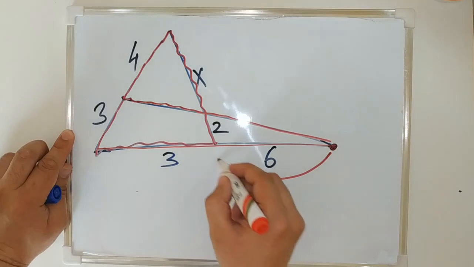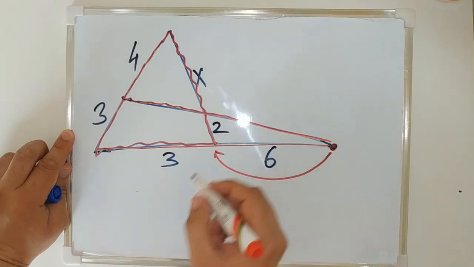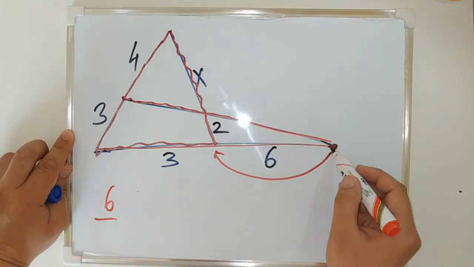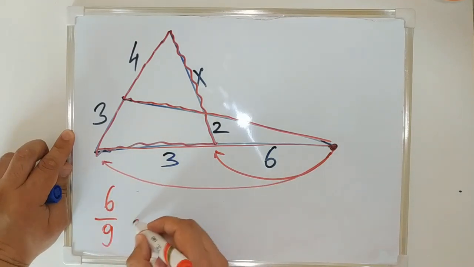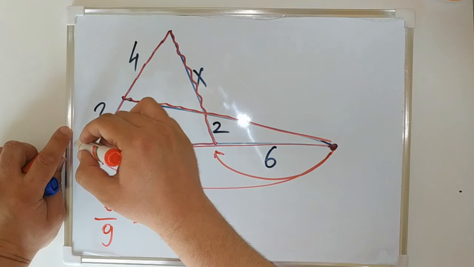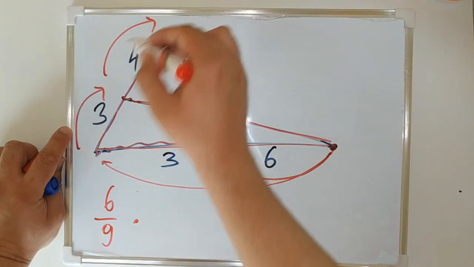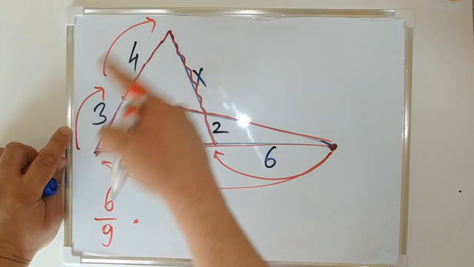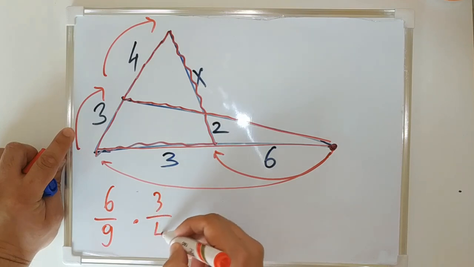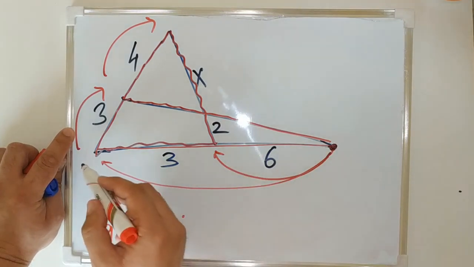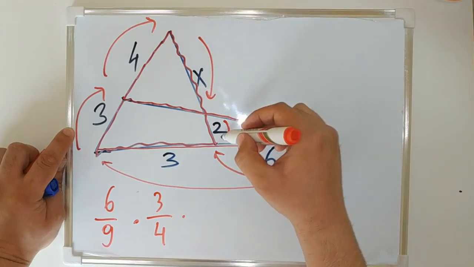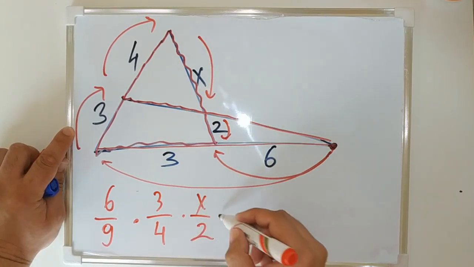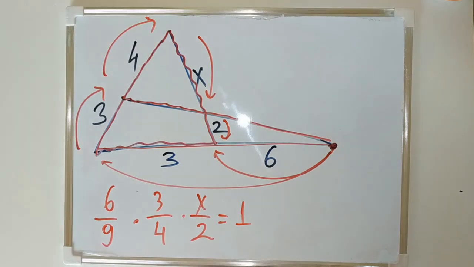So 6 over the entire side, which is 9. 6 over 9 is equal to 3 over 4? Be careful, not 3 over 7: 6 over 9, and then 3 over 4, and x over 2. Times X over 2 is equal to 1.